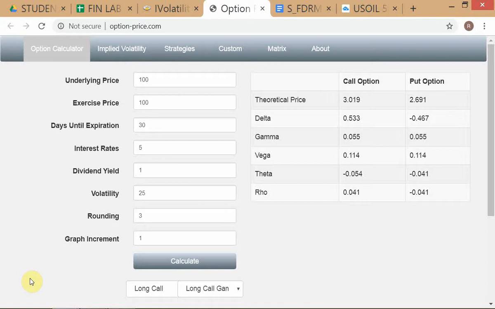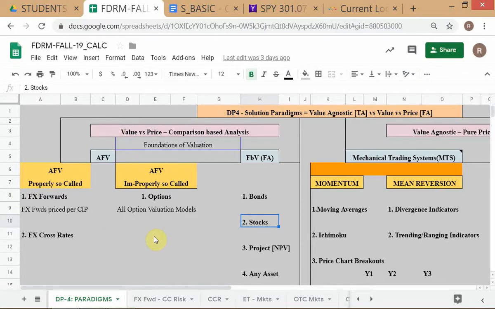But within AFV also there are two subcategories: improper AFV models and proper AFV models. We'll do the entire classification later, but you should be aware that the universe of models is quite vast, and you need to have a good definition of what is a model and a good taxonomy of models. You need to understand all the different types of models that exist.